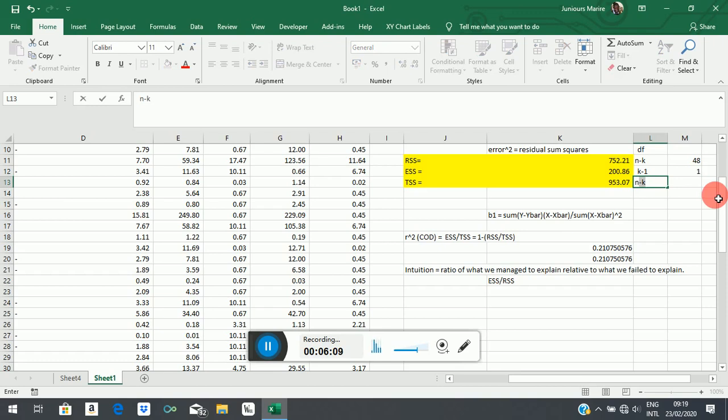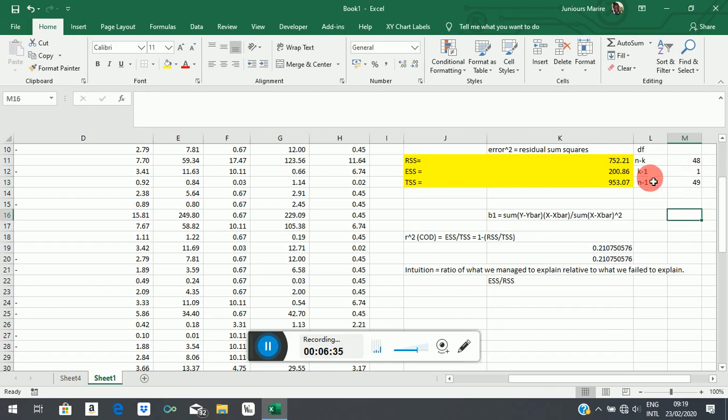Before we did everything else, we used the data to calculate only one sample statistic called the mean. So n minus 1. So this is 50 minus 1, which is 49. So if you sum these two, you should get that.